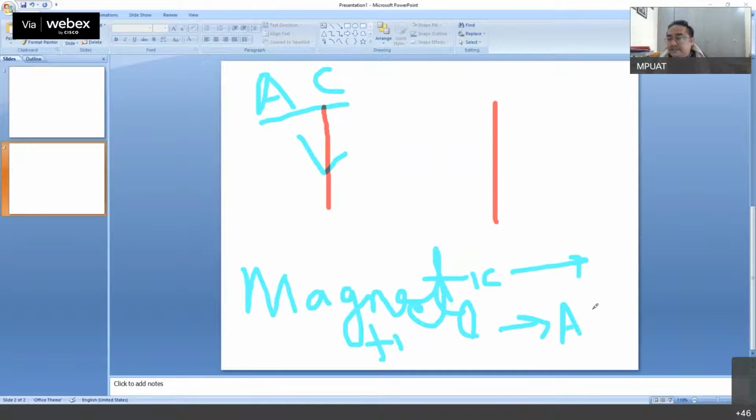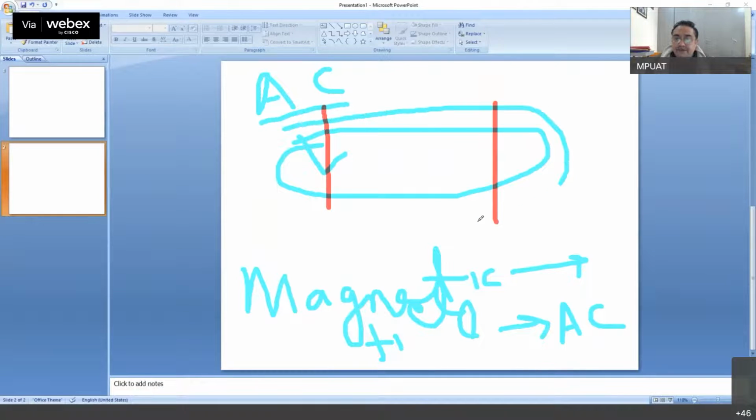So this type of concentric circles magnetic field is produced.